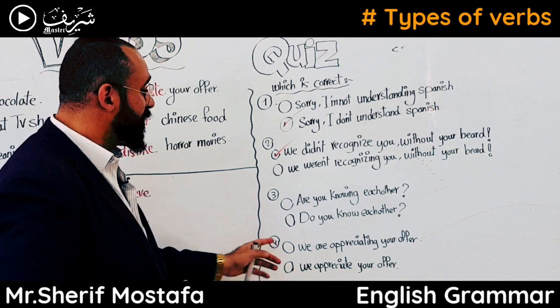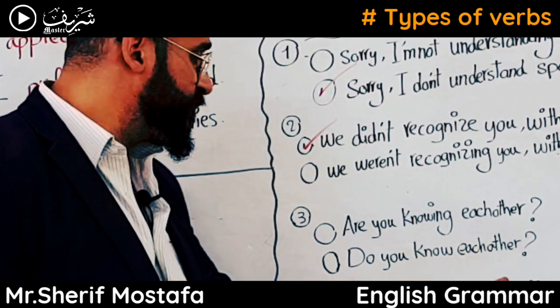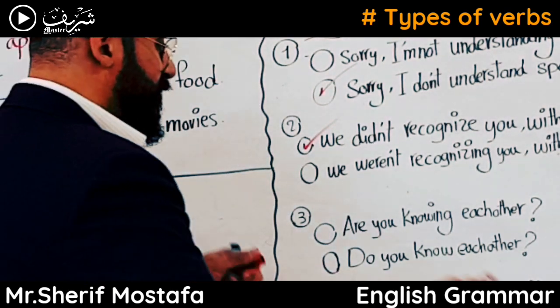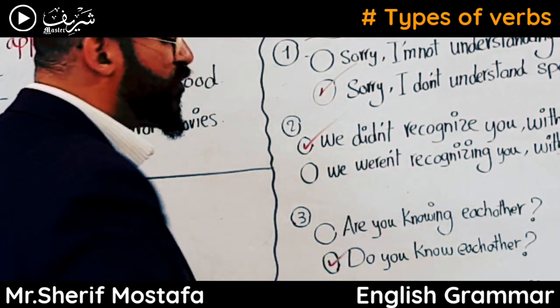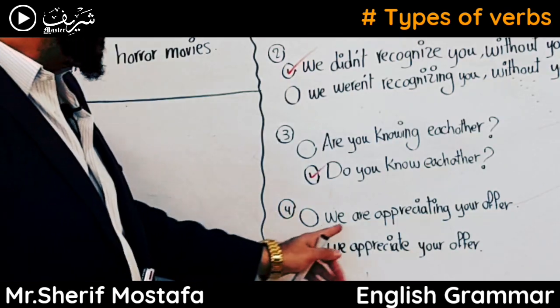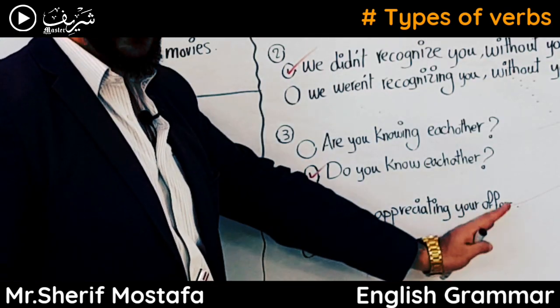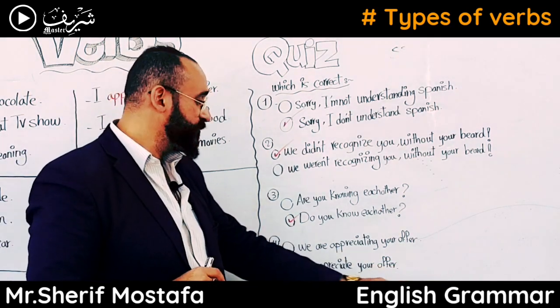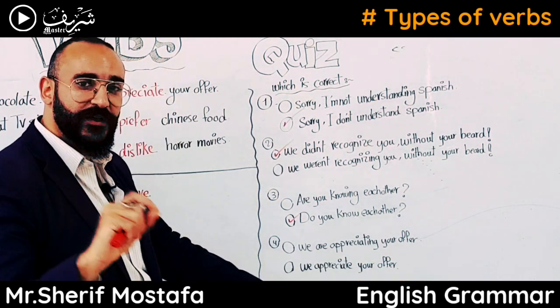Cool. Number 3: are you knowing each other? Or do you know each other? So definitely it's going to be: do you know each other? Why? Because know is one of the stative verbs. Number 4: we are appreciating your offer, or we appreciate your offer. I really, really like the word appreciate. It's so sophisticated and advanced as well.